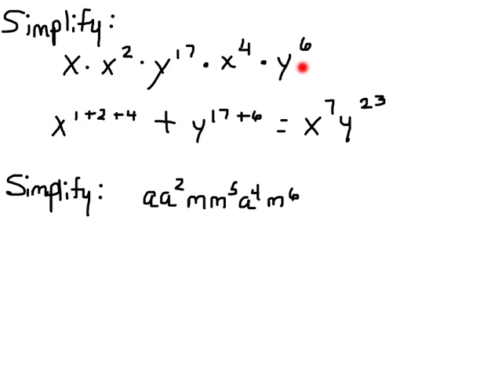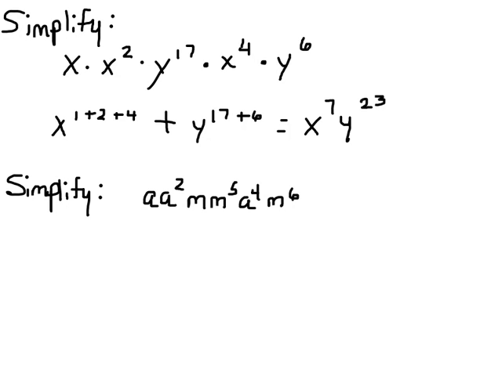And then we have 2 y terms, y to the 17th and then y to the 6th. So what I can do is add all the x exponents, which equals 4 plus 2 is 6 plus 1 is 7. So I have x to the 7th, and then y, I have 17 plus 6, so that's y to the 23rd.